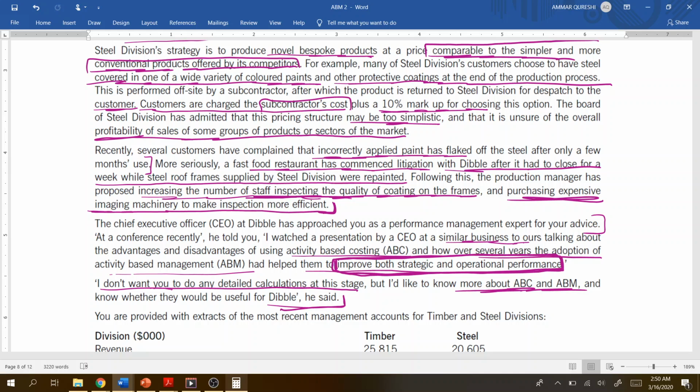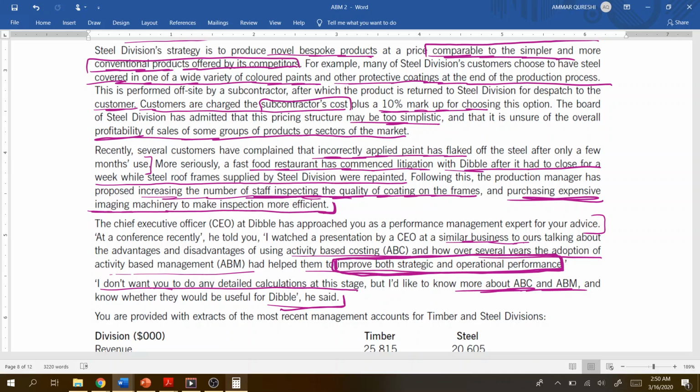We will not do this part for timber, because we are not suggesting timber use activity based costing. So we will apply the third part to the steel division. Why? Because we are suggesting that the steel division should use activity based costing.